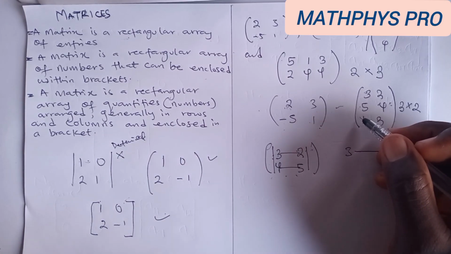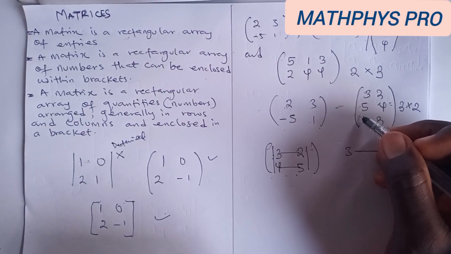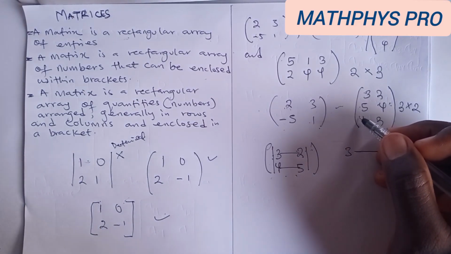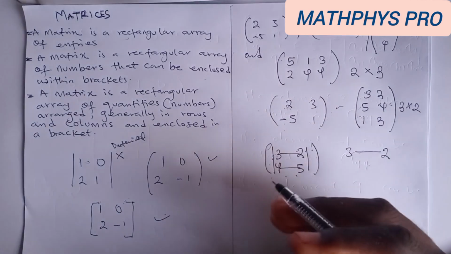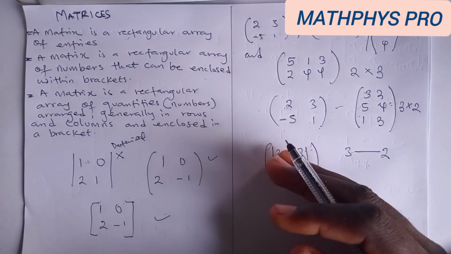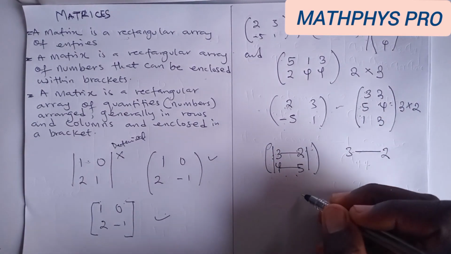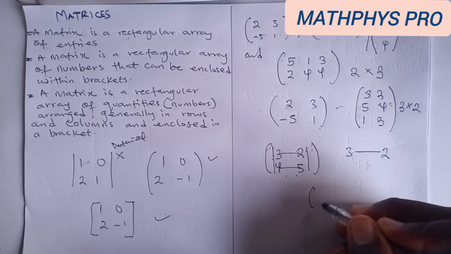So in general, a matrix with n rows and n columns is said to have an order of n by n. A matrix with only 1 row of elements is called what, a row matrix. That kind of matrix will be something like this.